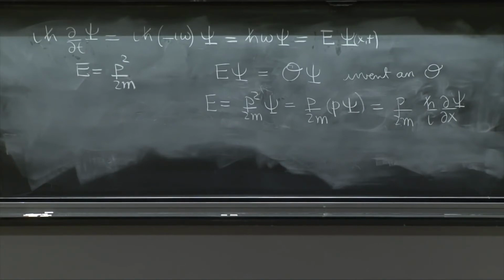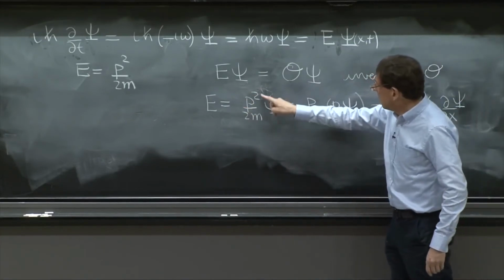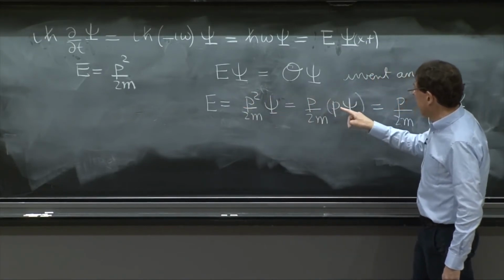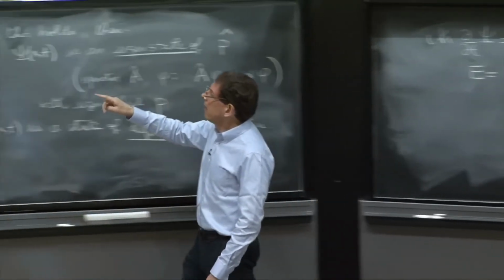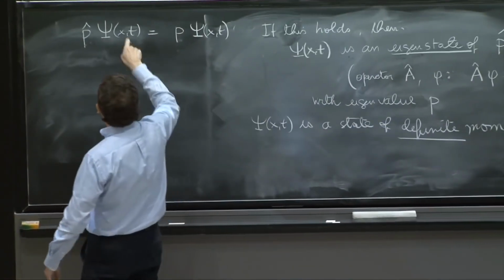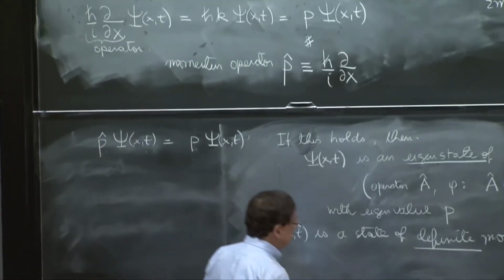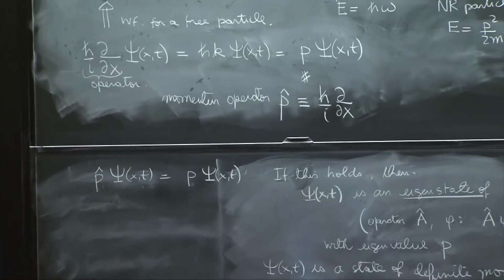I'm going to do simple things, but it's very easy to get confused with the notation. If I make a little typo in what I'm writing, I can confuse you for a long time. So far, these are numbers. This is a number times psi. But this p times psi is p hat psi, which is that operator there. So I wrote it this way.